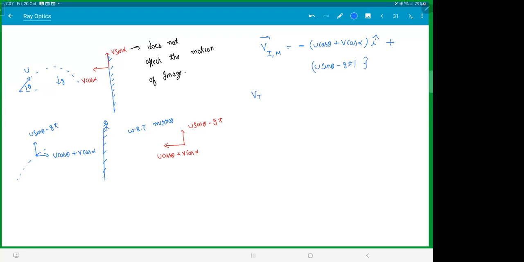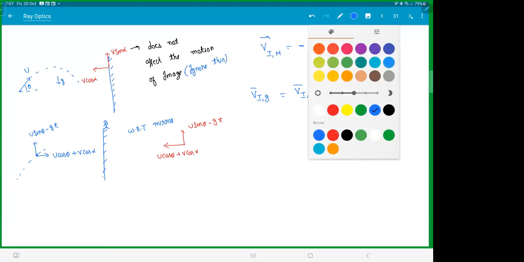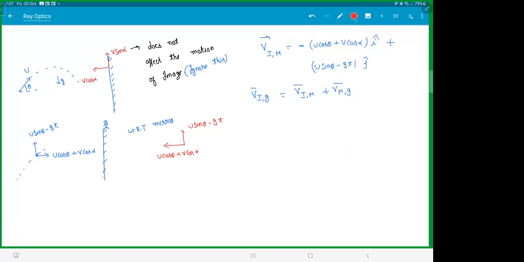But you want velocity of the image with respect to the ground. That is nothing but velocity of the image with respect to the mirror plus velocity of the mirror with respect to the ground, only the horizontal components. You don't take the vertical, so ignore this. So your final answer would be, what is the velocity of the mirror? Minus v cos alpha i cap.